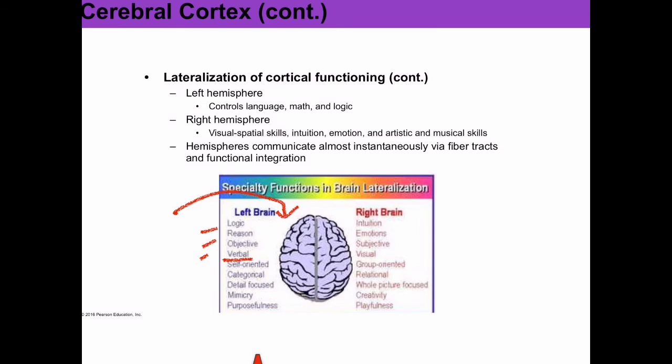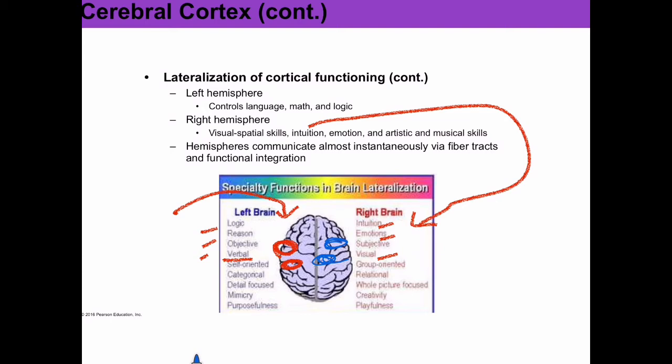And your right side would be more your artistic side, with intuition and emotions and visual. We're finding that's maybe true, but it may also be that the left or right brain has areas for speech, for understanding and processing speech, while the right brain does it for, say, music or other things.